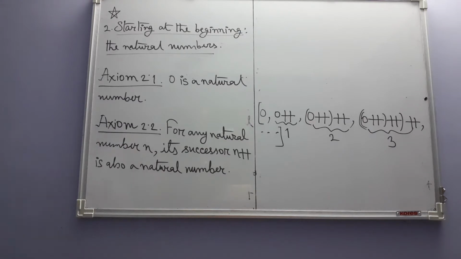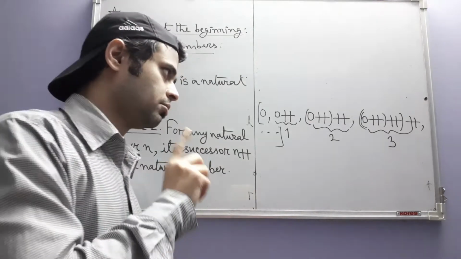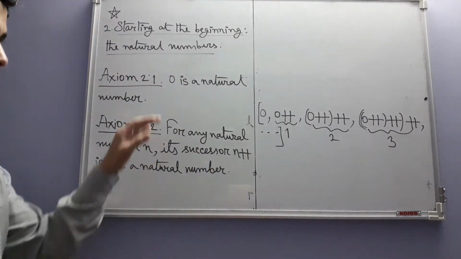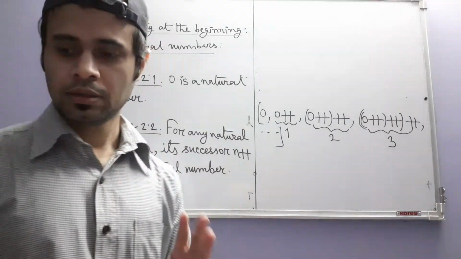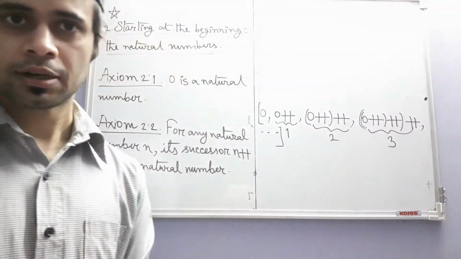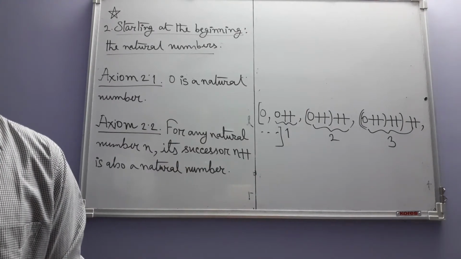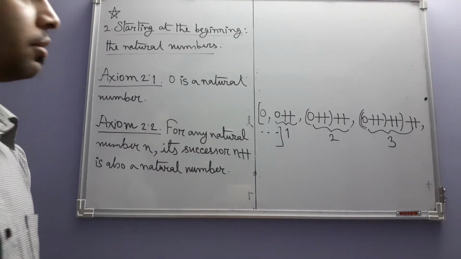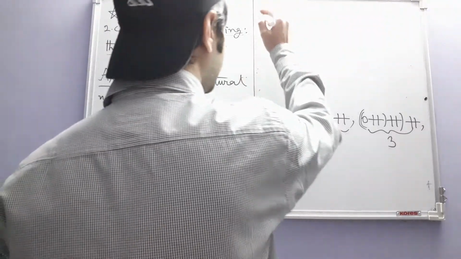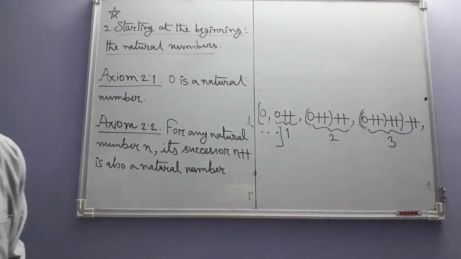But before we go to the difficulties or the problems that these axioms encounter, let us just see a quick consequence of these two axioms. And the consequence is this: a very silly looking proposition.